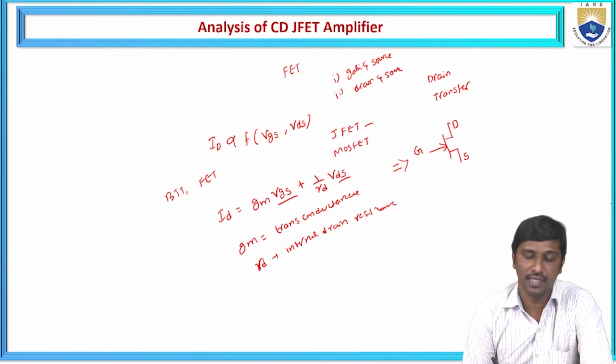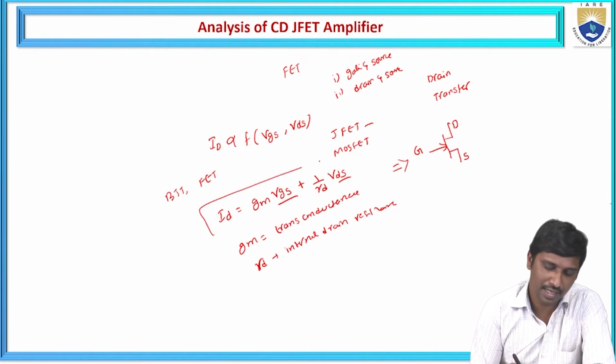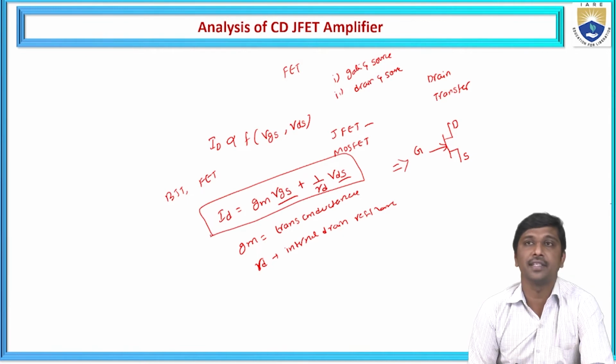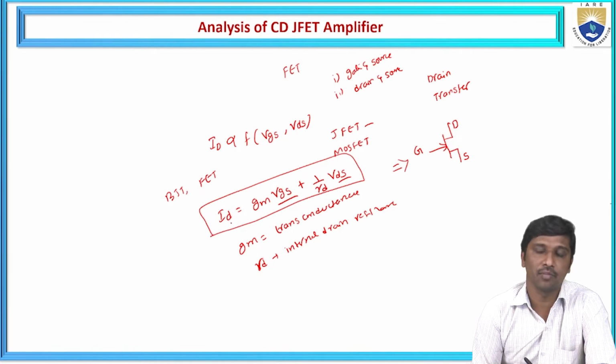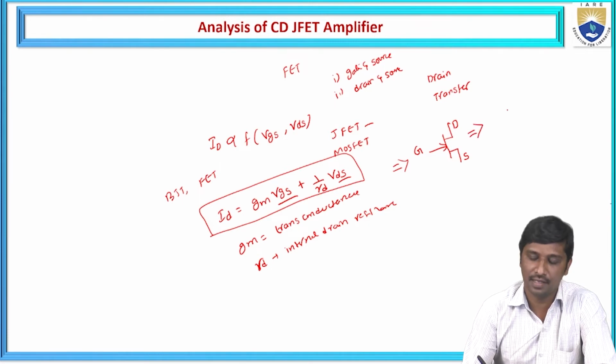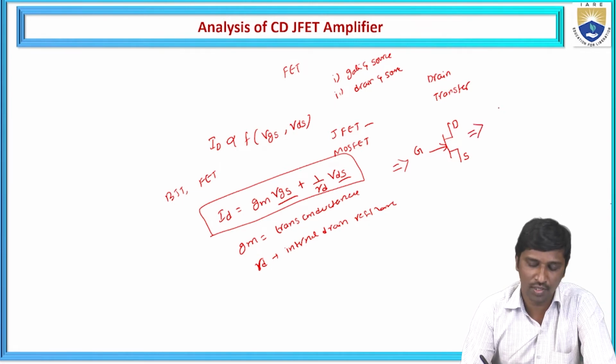Coming to the FET amplifier also, the best configuration is common source. By using this relation and the small signal model equivalent, this transistor should be replaced with a small signal model.